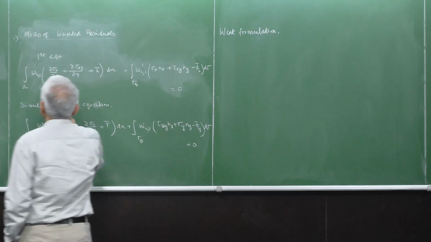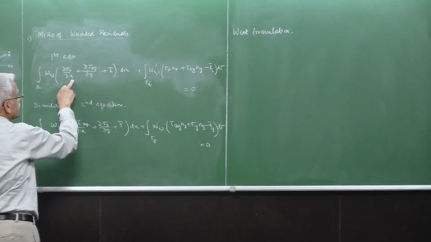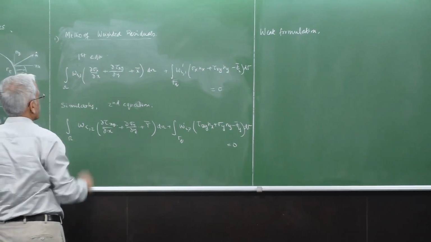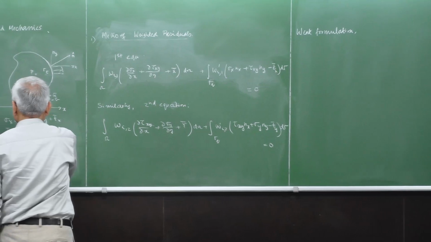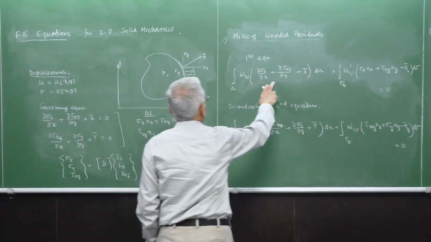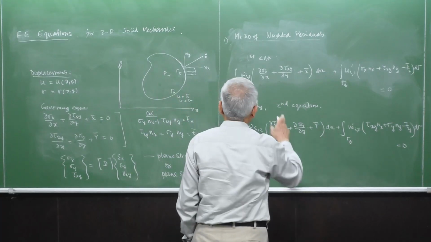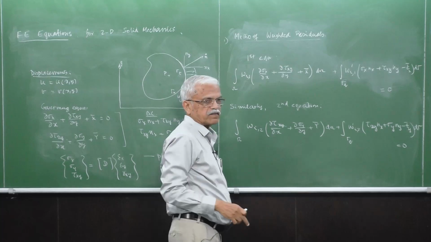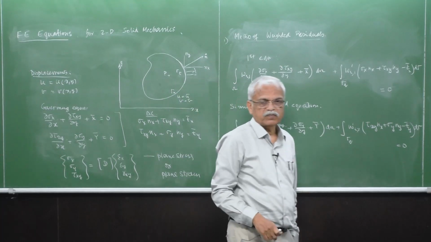Sigma x is still there and it looks like it is a first derivative on sigma x, but it is more than that, because sigma x is related to epsilon x straight away with this t, and then the strains are related to displacements by another derivative. So, this is actually a second derivative of displacements.